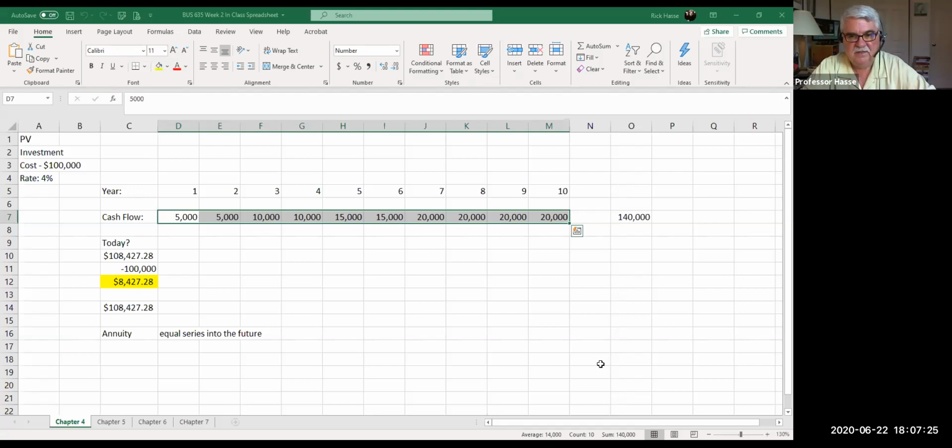And you all have seen this in various formats and areas in Business 500D and other finance topics, and even in some accounting courses. But just to refresh your memory, we looked at a $100,000 investment last week that was going to generate $140,000 in cash flow over 10 years. 10 years was the estimated life of this investment, and the estimated life was determined by how many years we can depreciate that asset.